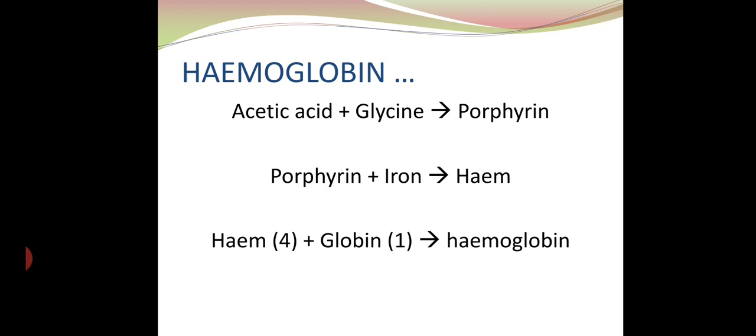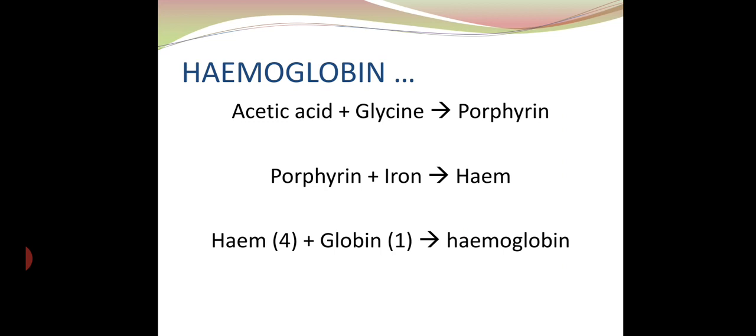The heme is formed when acetic acid and glycine combine to form porphyrin. Then porphyrin combines with a metallic group, iron, to form heme. Four heme units plus one globin chain give hemoglobin.